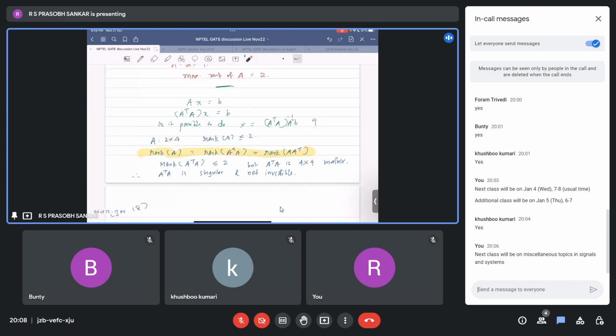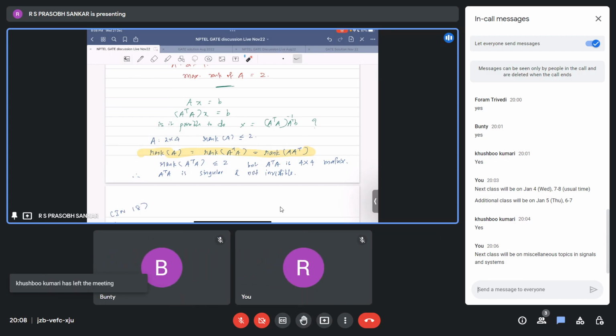From the theory, what we know is that rank of A is the same as rank of A transpose A. That we know. And rank of this A is maximum 2. This is fine, right? Yes, because this is a 2 cross 4 matrix, so maximum rank is 2. So this A transpose A will also have rank of 2 only. Fine, right? So this A transpose A is a 4 cross 4 matrix, but the rank is 2.